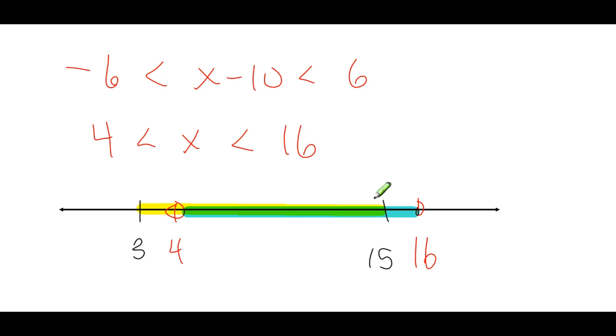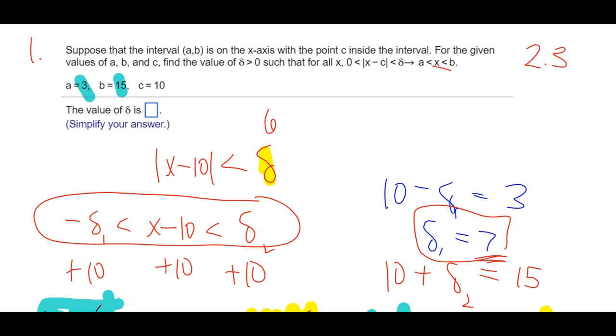All right. Do all our x's fall in that interval? No. This little region up here doesn't work. That doesn't fall in the region. So that means 6 doesn't work. And what that means is this 7 wouldn't work either.